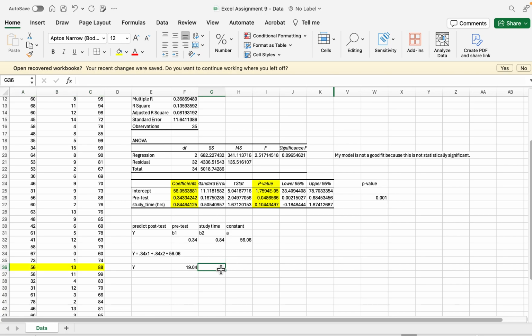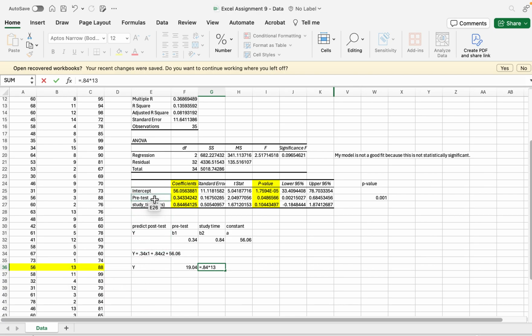So if I take 0.84 and multiply that by 13, because x1 is going to be whatever variable you have here, x2, whatever variable you have here, and so it corresponds with the correct study time, it is going to be multiplied by what their actual study time was.